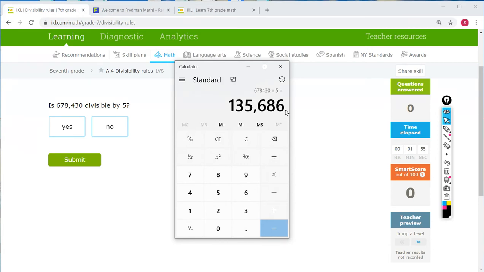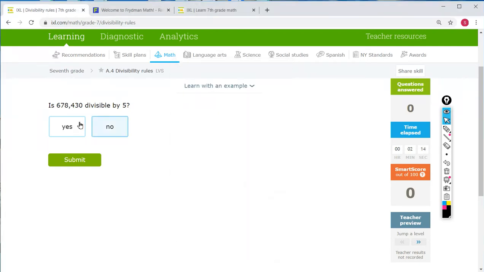I did not get a decimal at the end here, like 0.1 or 0.2 or 0.628 or 0.7 repeating or whatever. I just got a whole number when I divided 5 into 678,430. So that means that number is divisible by 5, so we will click on yes and go to the next question.